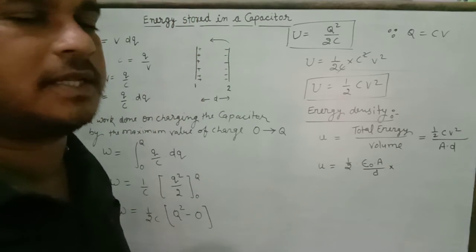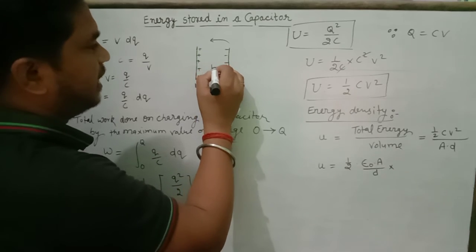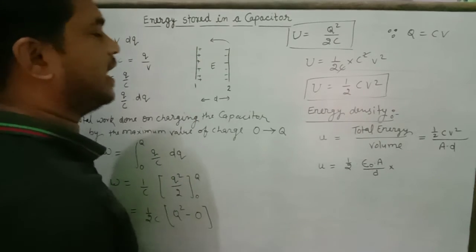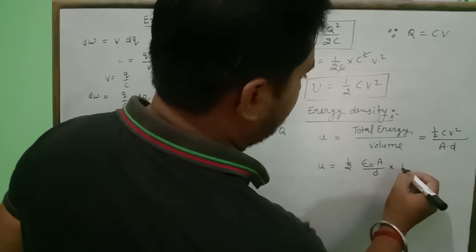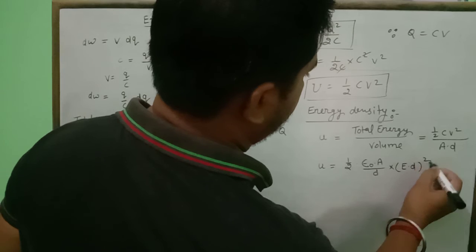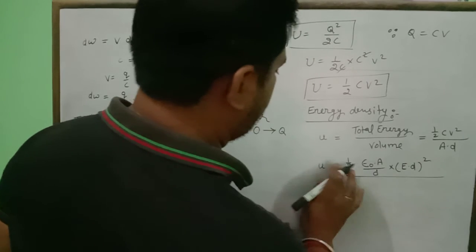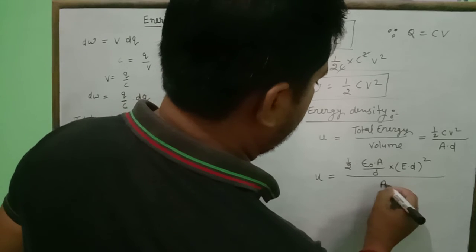V square is the potential. If the electric field set up between these plates is capital E, then the potential is E dot d, upon A dot d.